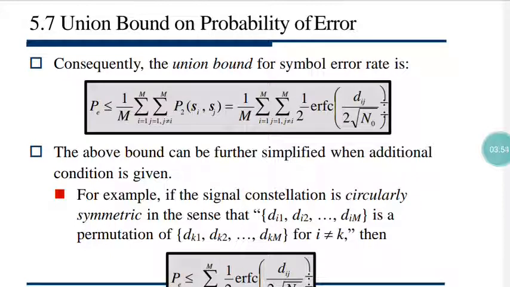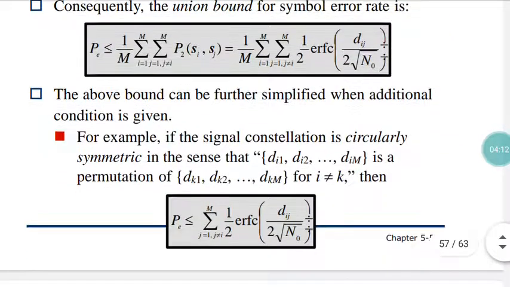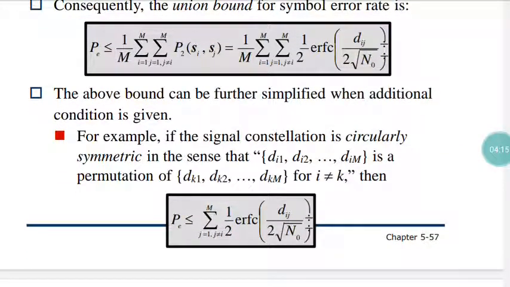For example, if the signal constellation is circularly symmetric, in the sense that di1, di2 up to diM is a permutation of dk1, dk2 up to dkM for i not equal to k, then it can be written that the probability of error is less than or equal to the summation over j equals 1 to M, j not equal to i, of half ERFC of dij divided by 2√n0, where n0 is the average noise power.